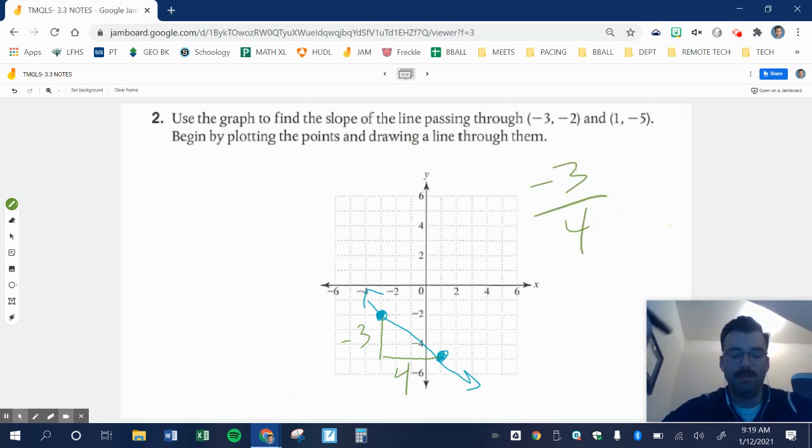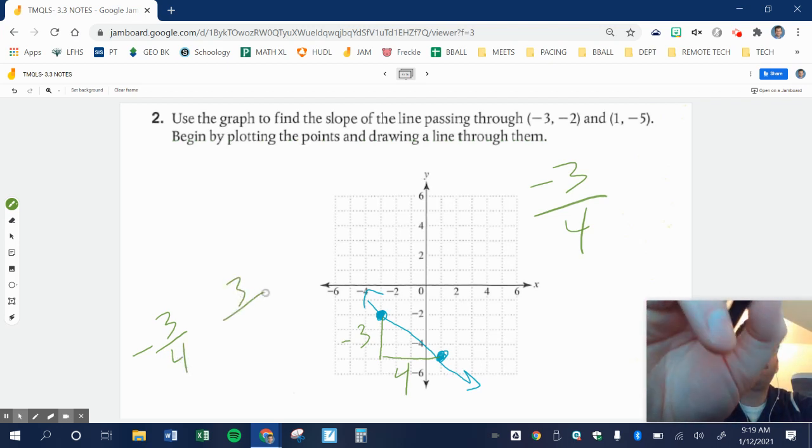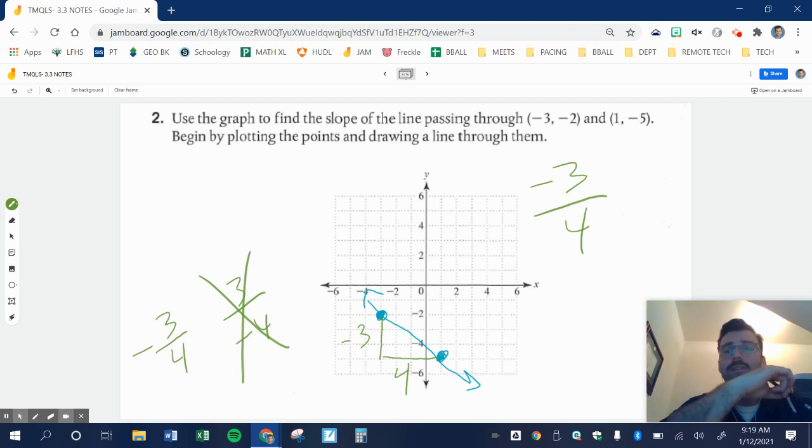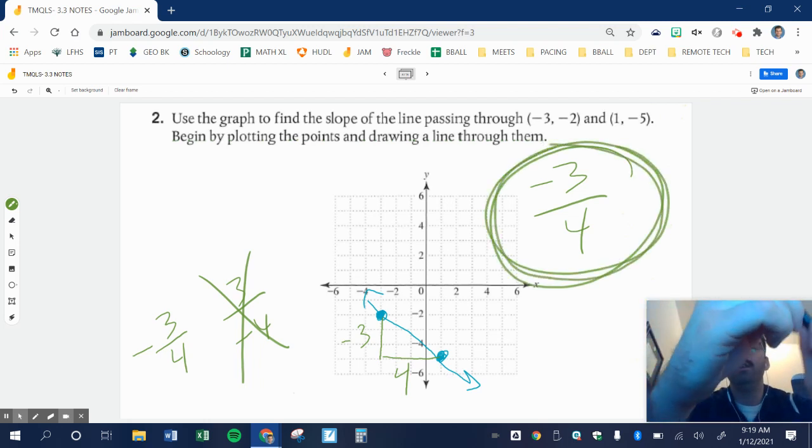Now, there's a big discussion about where you put the negative sign. This -3 over 4 is the same as just putting it right in front. It's also the same as putting it on the bottom. Now, I don't think you should do that. This is the preferred method. This is what you're always going to see in your answers. So I would get in the habit of throwing a negative on top. Why? Also because, guys, the negative refers to traveling up and down. Then we always go right.